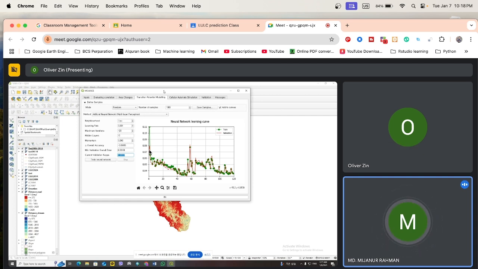From this graph we find two curves, one for training and another for validation, and we can easily detect overfitting, underfitting or optimal fitting. That's why this graph is very helpful.